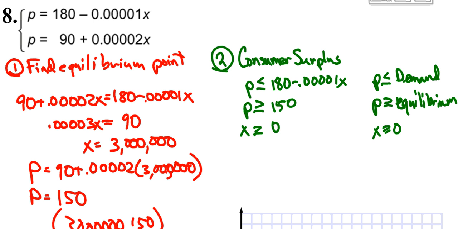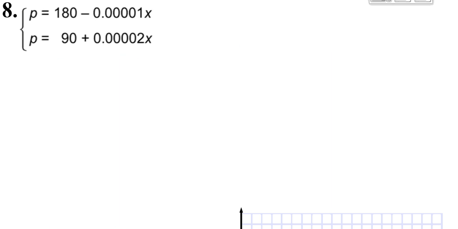Okay, so step 1, find the equilibrium point.